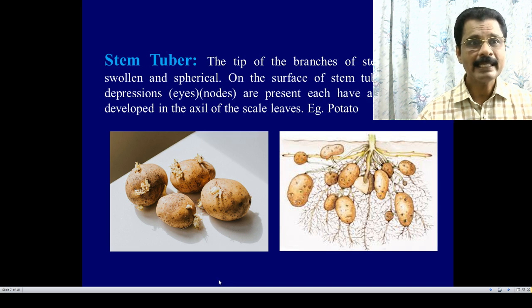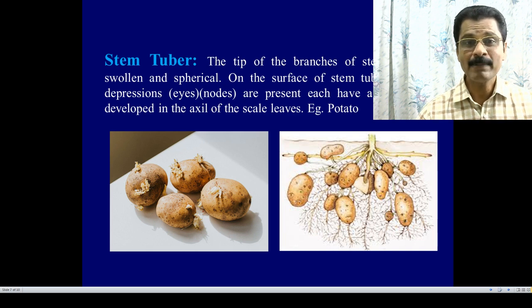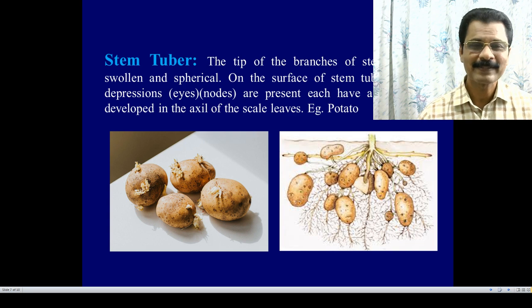Okay, then stem tuber. See, the branches of the stem at the tip become swollen and spherical due to storage of food materials. The typical example is potato, Solanum tuberosum.